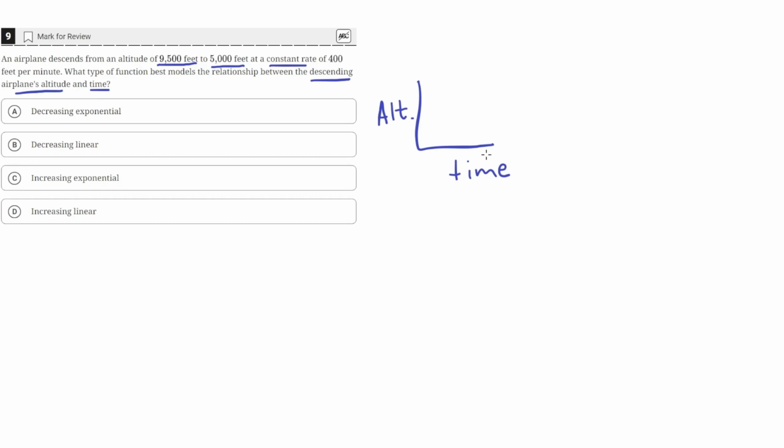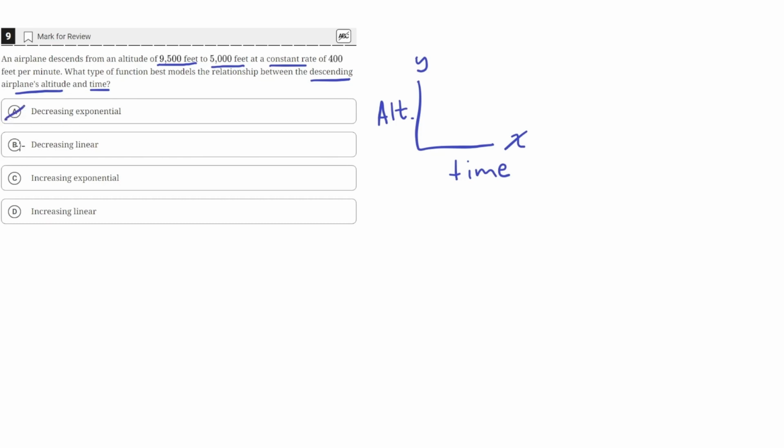So we'll put time on the x-axis and the altitude on the y-axis. So here it says that the airplane descends at a constant rate of 400 feet per minute.